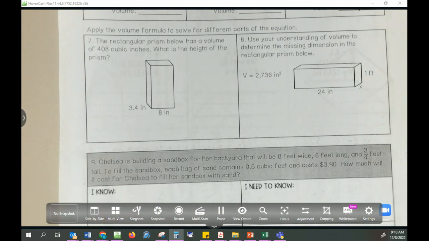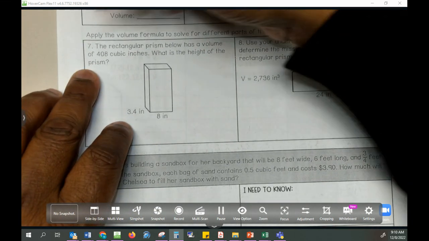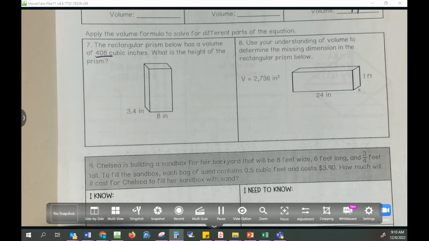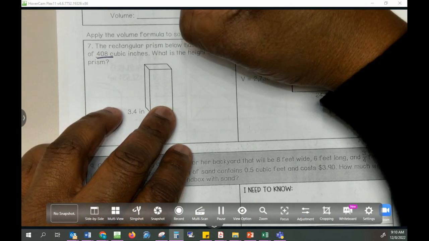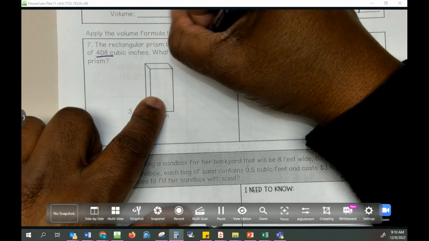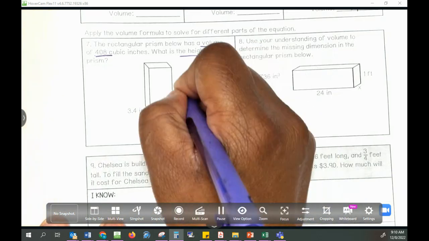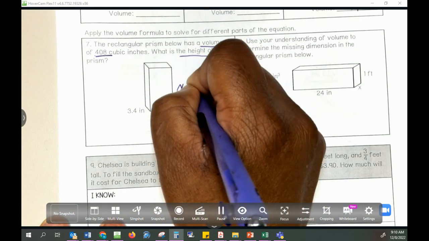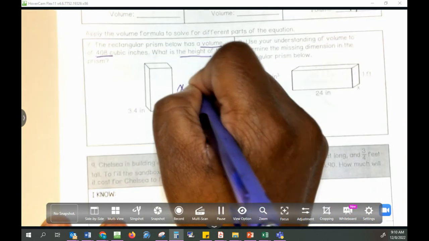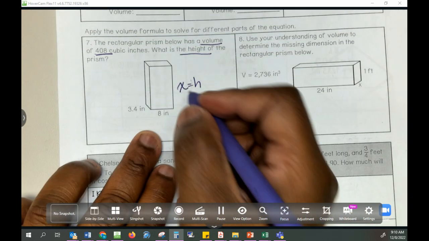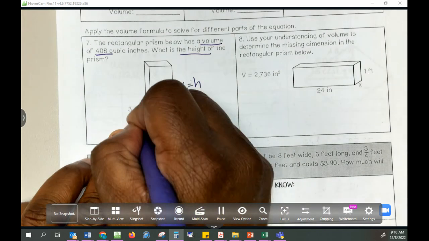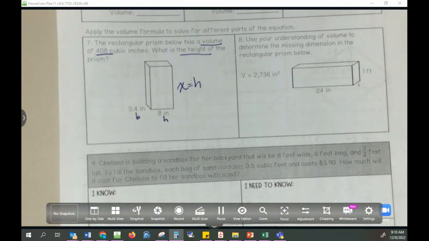So let's look at number 7, because number 7 says they gave us the volume of 408. So if I already have my volume and I want to know what the height of this shape is, this is my height. So my height is h. I already know my base, my little b and my little h.